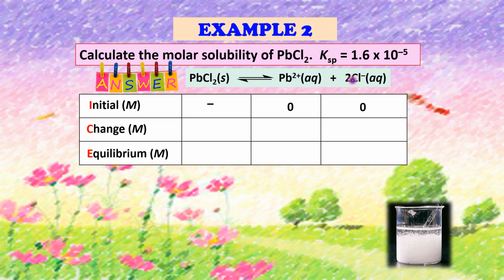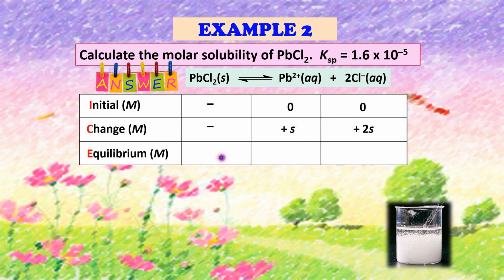For the ions, because initially they are not formed yet, we just label them 0. Same for the change: for the salt, because it is a solid, just write a dash. As for the ions, they will increase according to the coefficient, so positive S, where S refers to the change in concentration. For the chloride, because we have coefficient 2 here, it will increase by positive 2S.